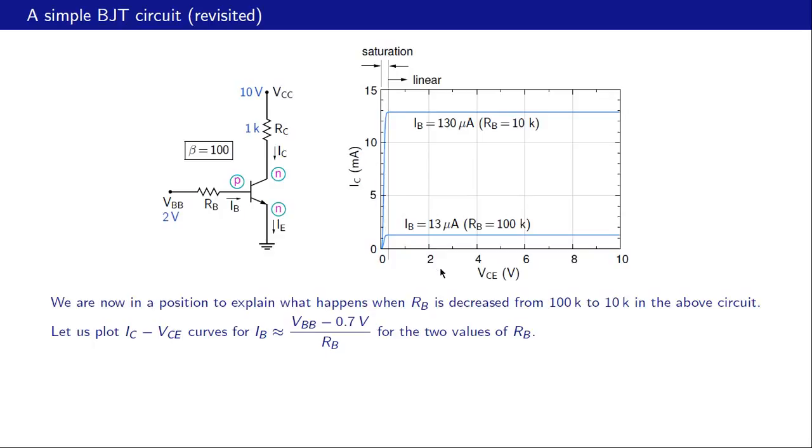When we change RB from 100K to 10K, our base current goes up by a factor of 10, and it now becomes 130 microamps. And now the collector current in the linear region is 130 microamps times 100, or 13 milliamps. So this collector current is now 13 milliamps.